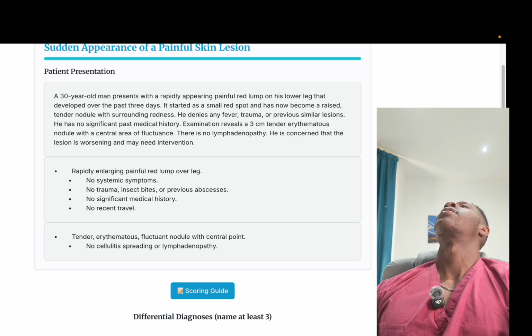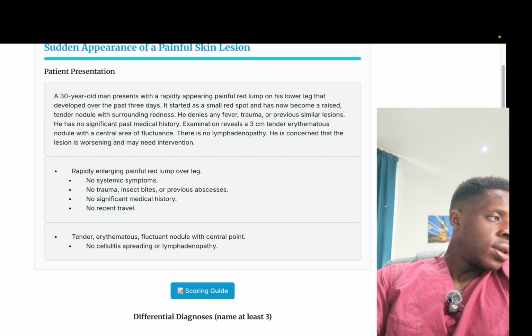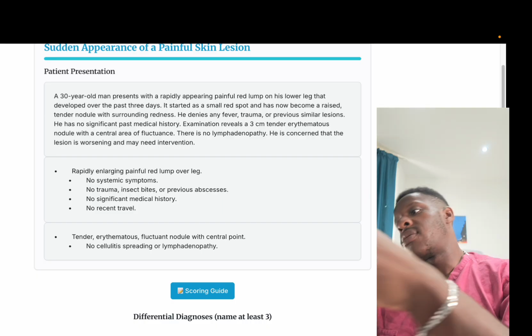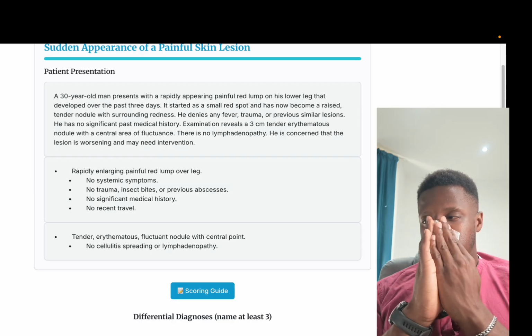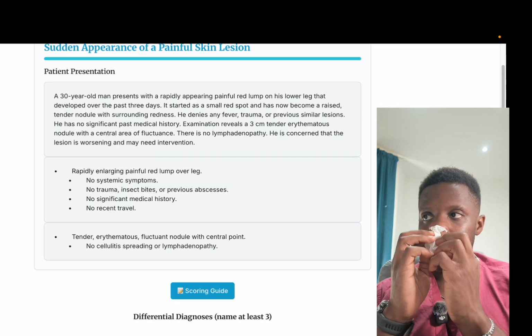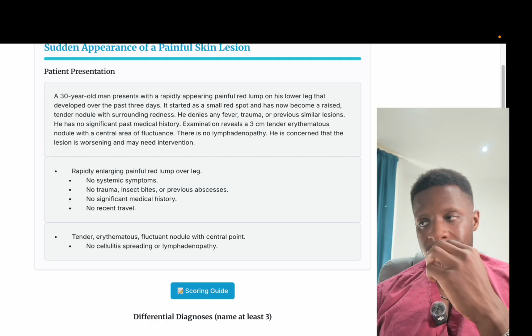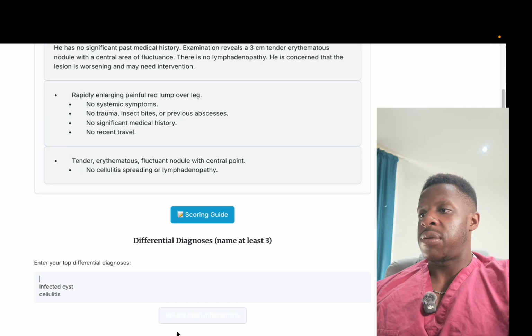What else could we say? So we have a tender fluid-filled cyst that is worsening. Maybe an infected cyst, infected mass or cellulitis. I think that'll be fine for now.